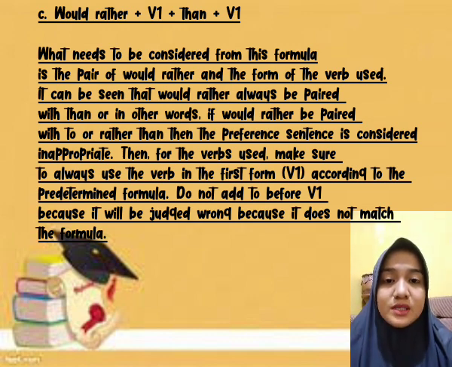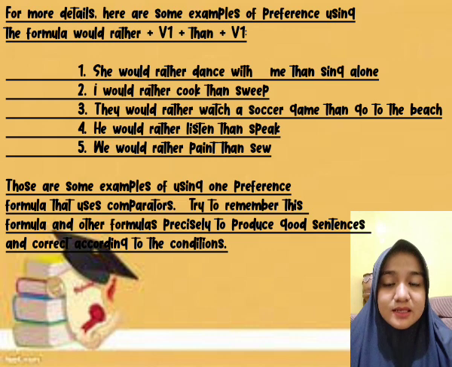Then for the verb used, make sure to always use the verb in the first form or V1 according to the predetermined formula. Do not add to before V1 because it will be judged wrong because it does not match the formula.